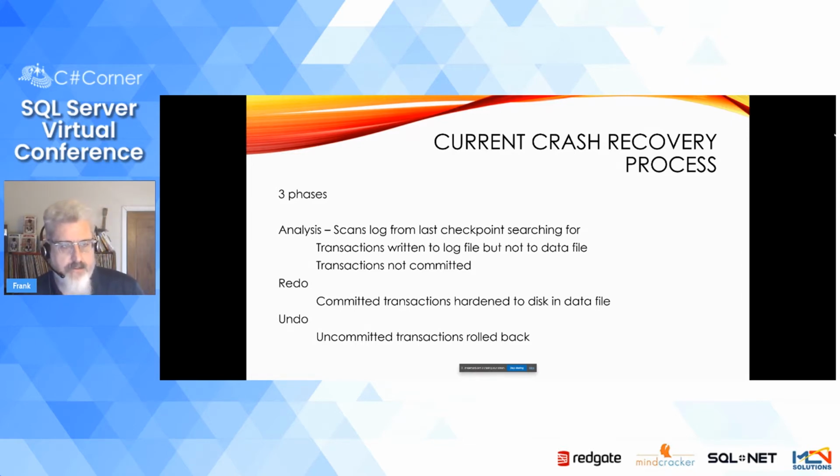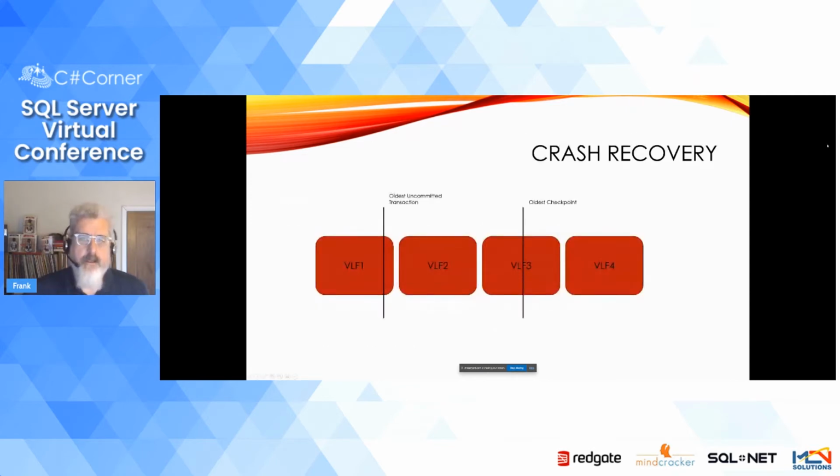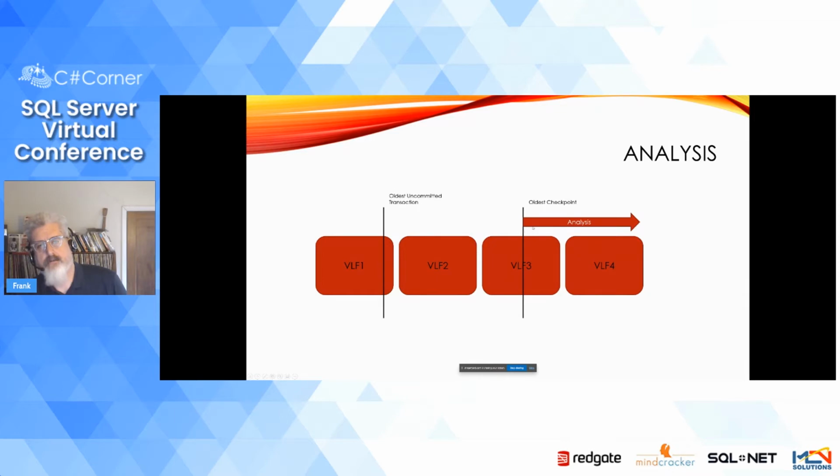So once the analysis is done, it will redo any transactions that have been written to the log file but not to the data file, and it will write those pages back out to the data file, and then it will undo those uncommitted transactions. And to show you what this looks like, once again, I've got my 4 VLFs, and it runs that analysis from the oldest checkpoint going forward.